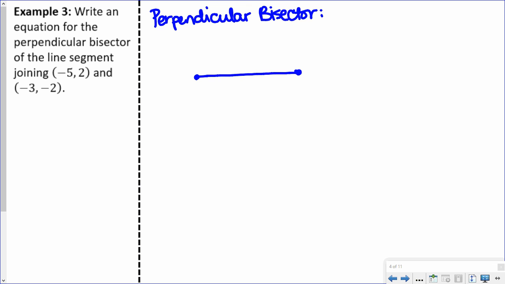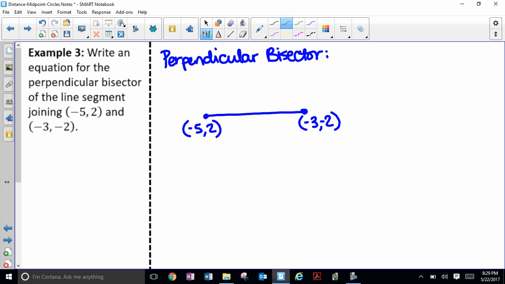So if I have some segment, and in this example, our segment has endpoints at -5, 2 and -3, -2. I'm not actually graphing it in the right places on the number line. I just am trying to show you what's going on. Okay, in red, I'll draw the perpendicular bisector. Perpendicular means it has to form a right angle, and bisector means it goes through the point that breaks this in half so that these two pieces are congruent.